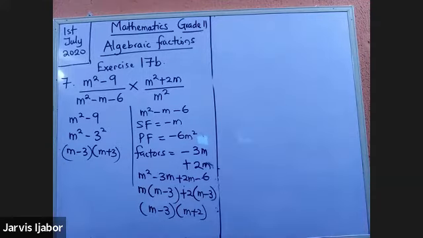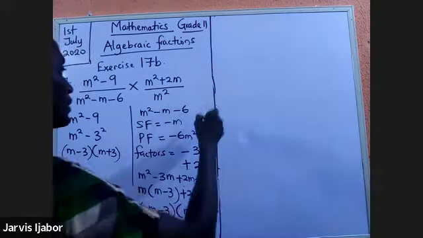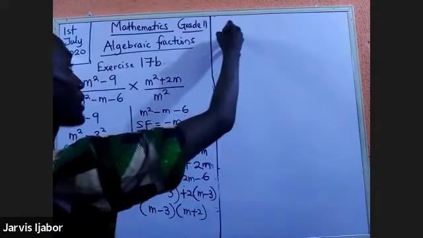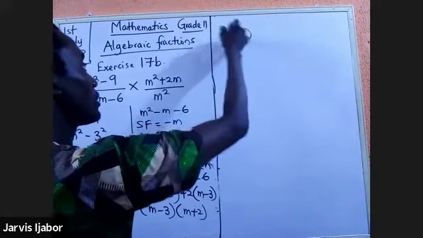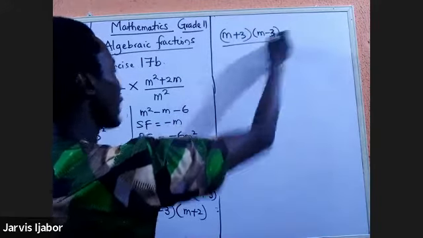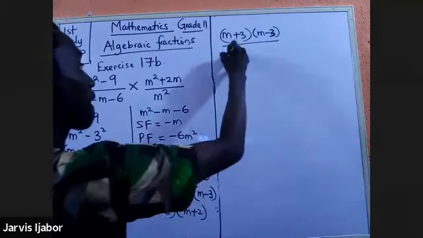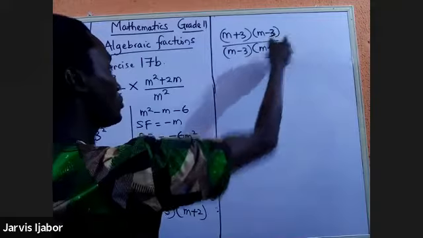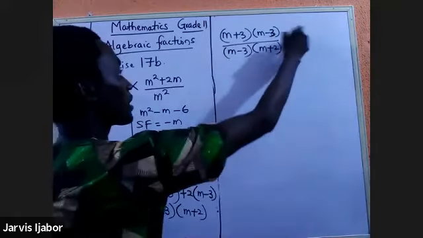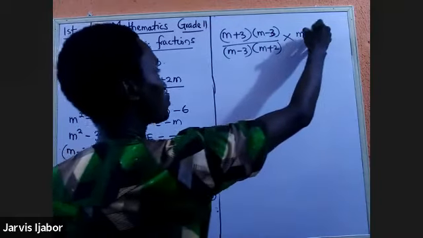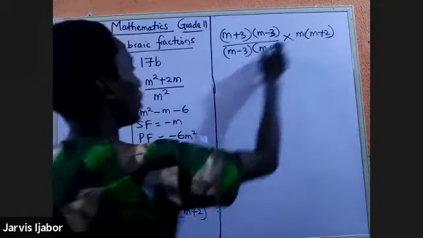So the next thing we'll now do is to try to make the relevant solution. So this will now be what? M plus 3 into M minus 3 divided by M minus 3 into M plus 2 times, I can now open this one up to give me M into M plus 2 all over what?